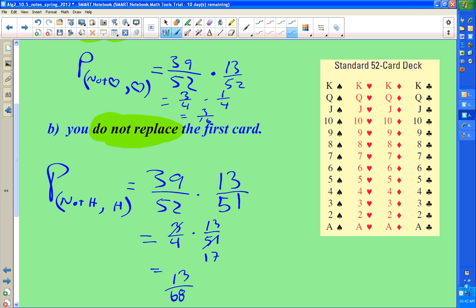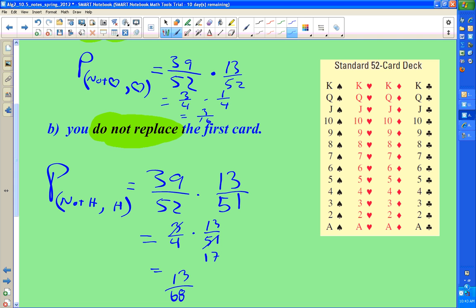Which is better probability, with replacement or without replacement? If you're asked to compare them, I don't know about you, but if I'm comparing 3 over 16 and 13 over 68, I'm not very good at comparing those. What should you do? Switch them to decimals and see which has the better probability.